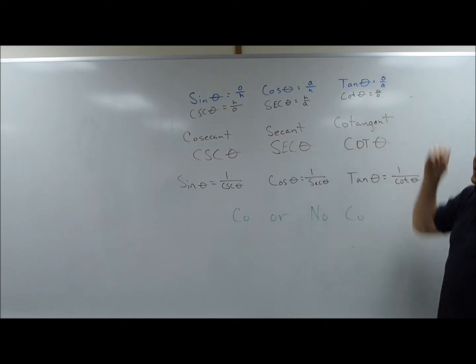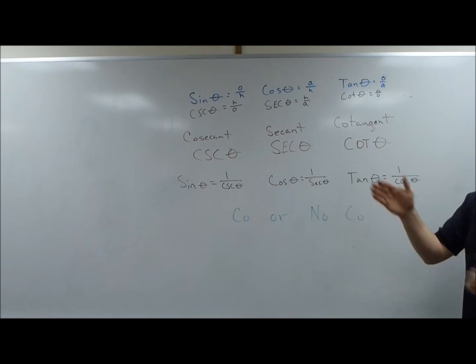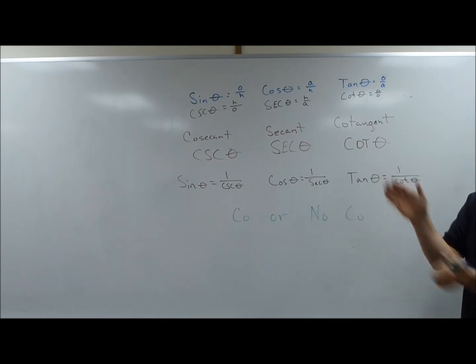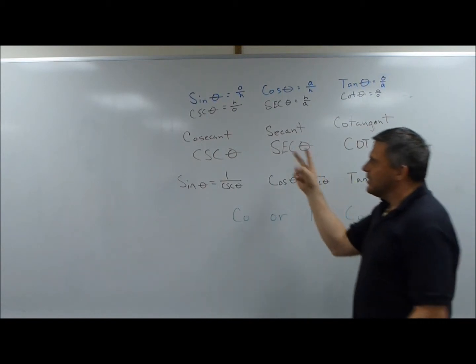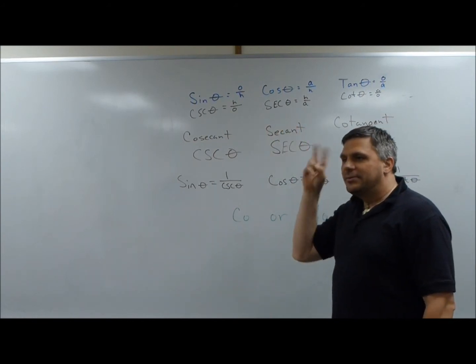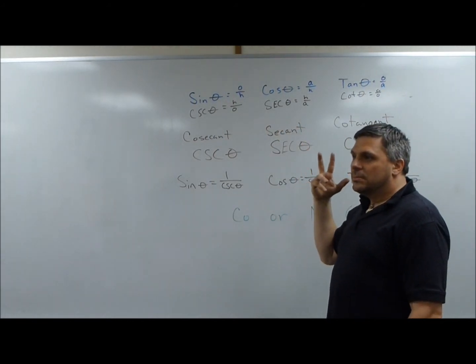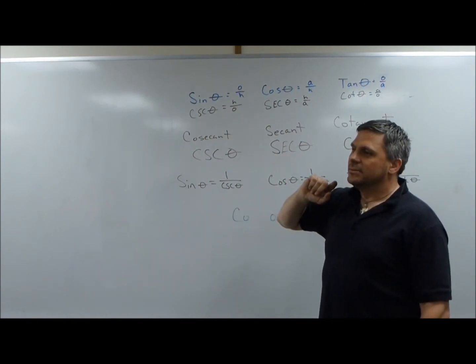It's really easy. Cotangent, tangent, those are two words that are just synonymous. We know cotangent and tangent go together. So the ones that get confused are cosecant and secant. All you have to remember is co, no co. What's the inverse of sine? Cosecant.